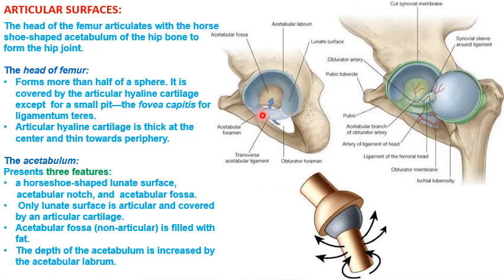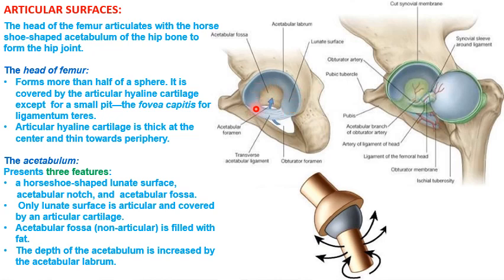So this acetabulum is the meeting point for the three parts of the hip bone, the ilium, the ischium, and the pubis, and they are separated by a triradiate cartilage.